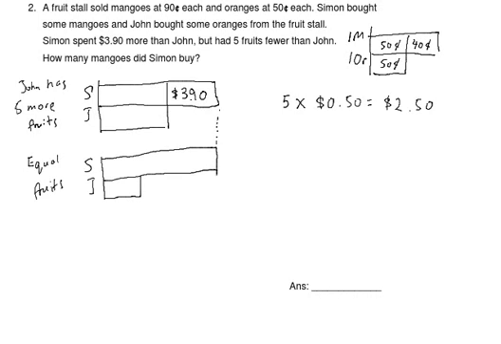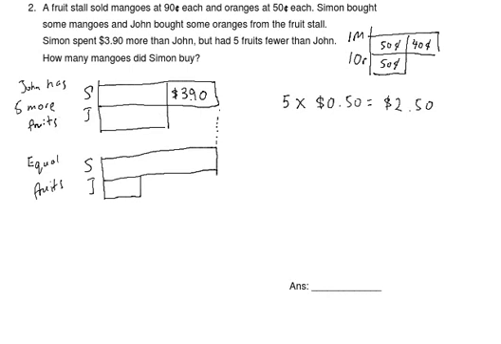Because we are removing 5 fruits, right? Correct or wrong? From 5 more fruits, John has 5 more, right? We want to remove the 5 extra fruits that John has, so that the number of fruits become equal, right? So since John now has fewer fruits, the total cost will be lesser, right?